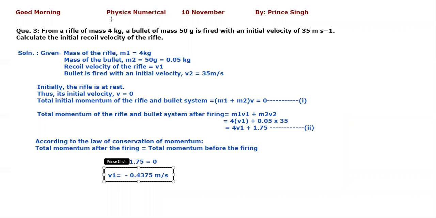And this we get from initial momentum and final momentum, okay? Because initially the rifle is at rest. We have the formula, the concept of conservation of momentum, which states that total momentum after firing and before firing are the same. So write in this way only, systematically.